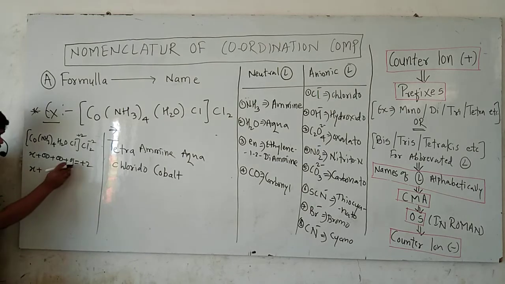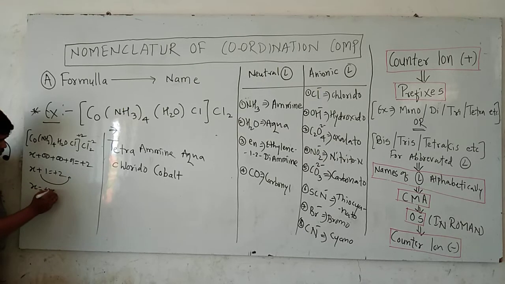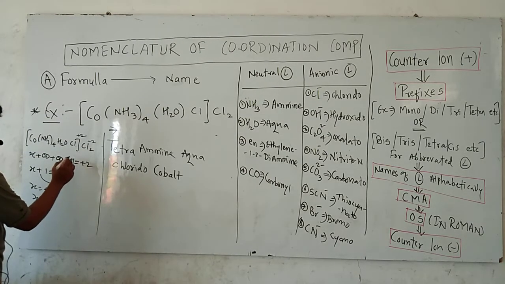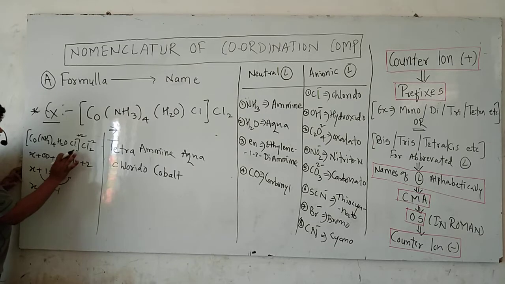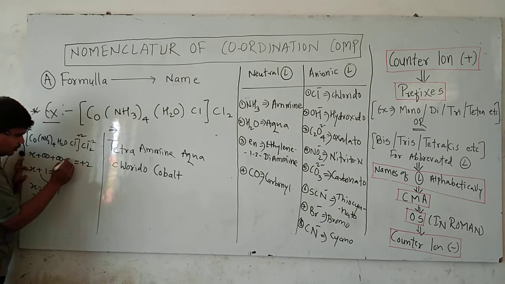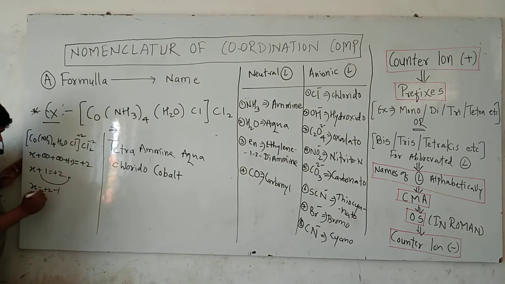So X plus this minus 1 is equal to plus 2. Sorry. Cl carries minus 1 charge, so it will be minus 1.